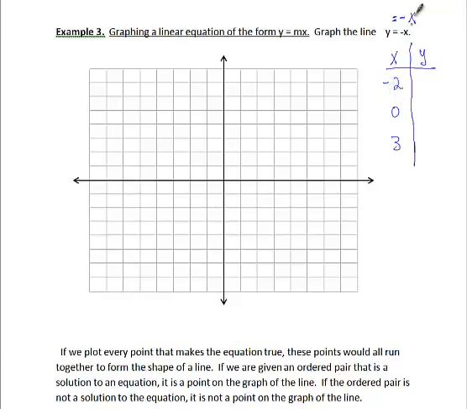So if I put in a -2 in the place of x, then I have to place an additional negative in front of it. This negative is associated with the 2, the number that I picked. This negative on the outside came from the negative in front of the x of the equation that I'm trying to graph. So I have to have both of these negatives here, and a negative times a negative makes a +2.